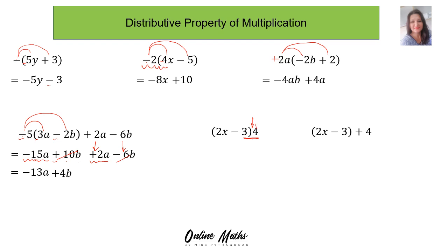So you're going to multiply the 4 into the 2x, so it becomes 8x, and 4 times negative 3 is negative 12. And then if you look at the last example, it looks as if it's the same as this one, but it's definitely not, since there is now a bracket and then a plus 4. So it means it's a separate term. So you cannot multiply that one in. It has to stand directly next to the bracket for you to use the distributive property.